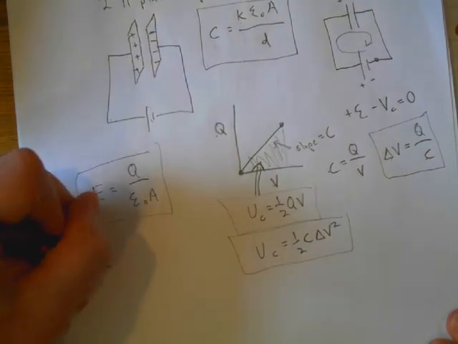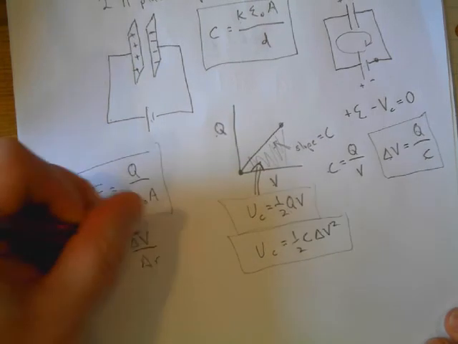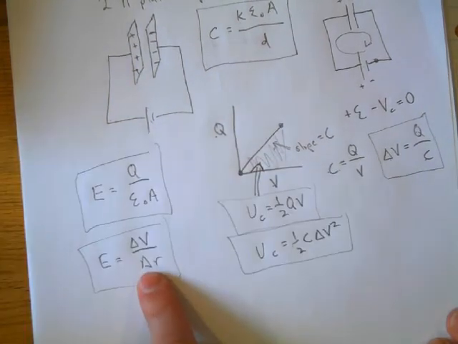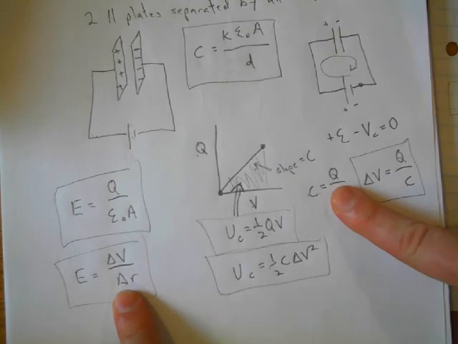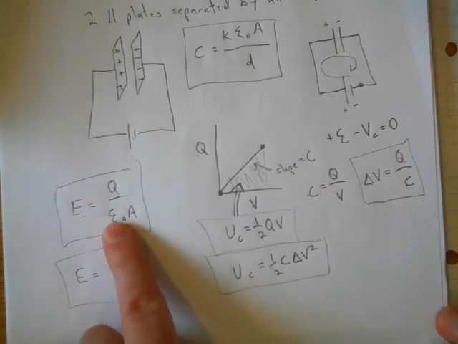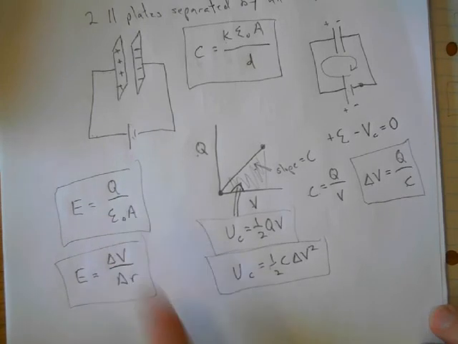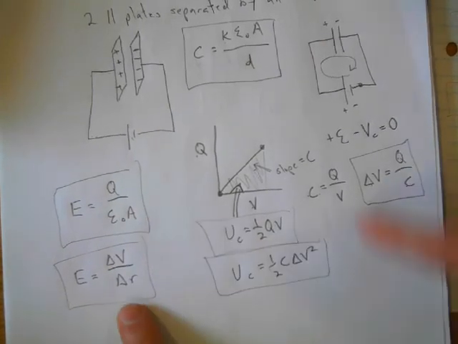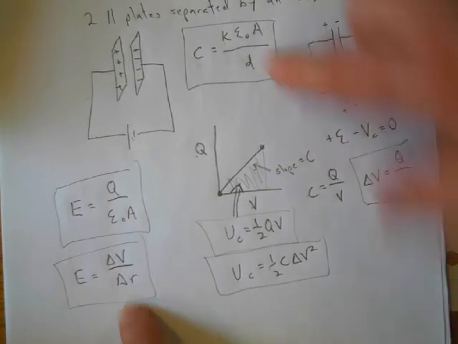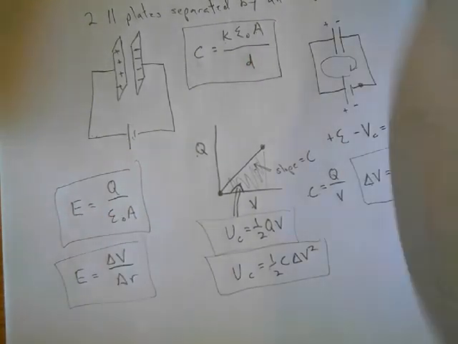Really, if you remember this equation from our electrostatics, and you combine this equation and this equation, you end up with this. If you look on your formula sheet, that is there, and I want you to understand why they put it there. Personally, I don't think they need to, because if you understand this other stuff, you can get it. But it is there just in case you need it.